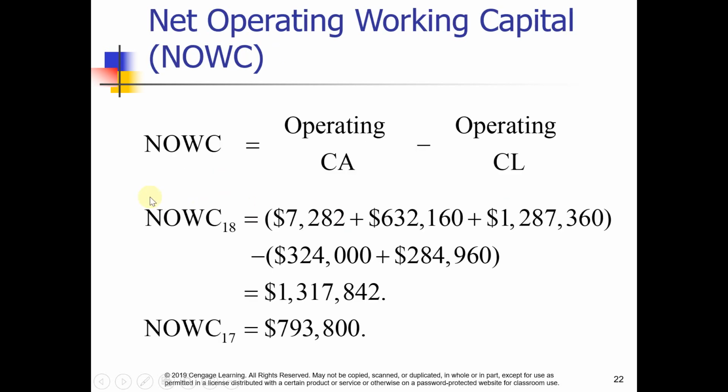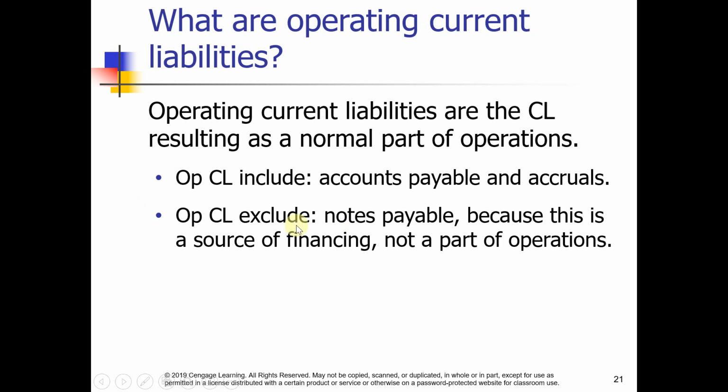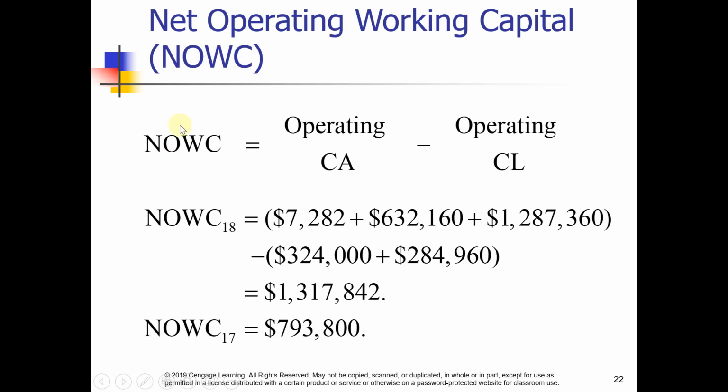It will exclude notes payable and so on, because these are financing types of current liabilities, not operating types. So the net operating working capital is just operating current assets minus the financing side of it, operating current liabilities. The net of these two is called the net operating working capital.